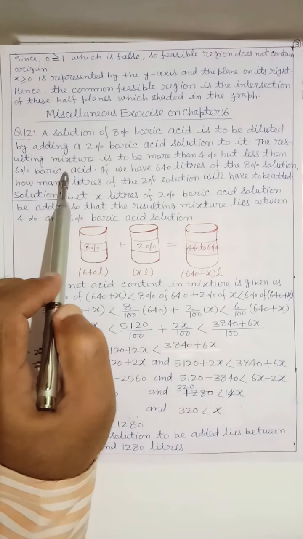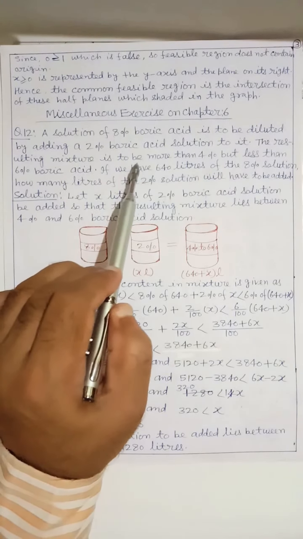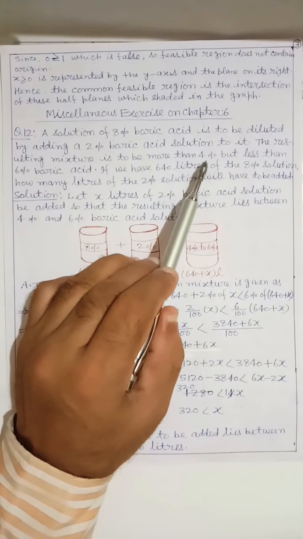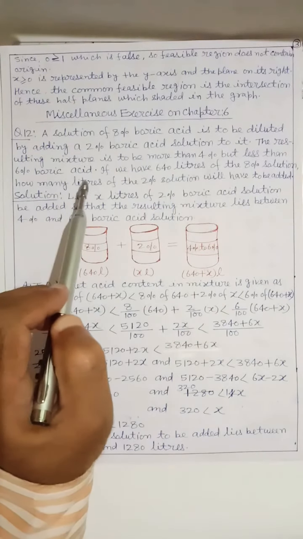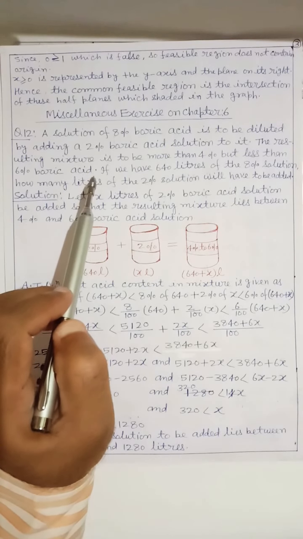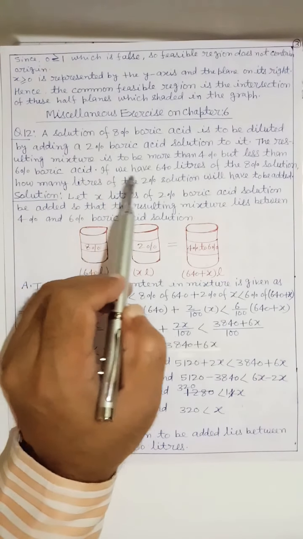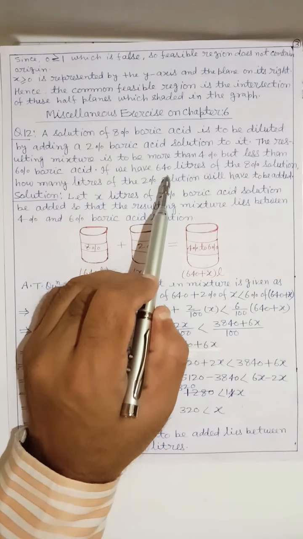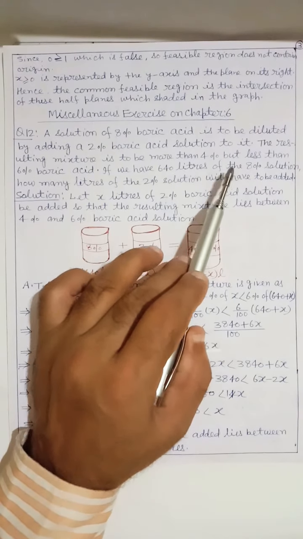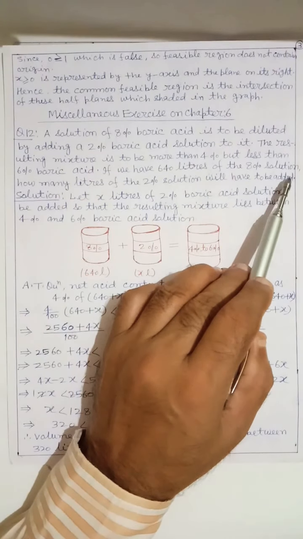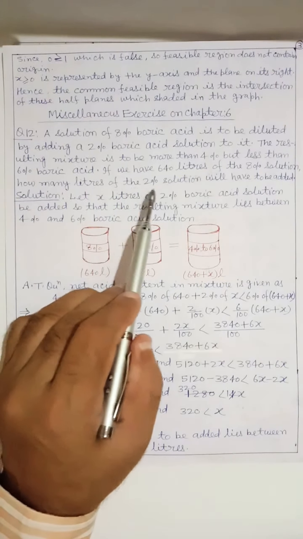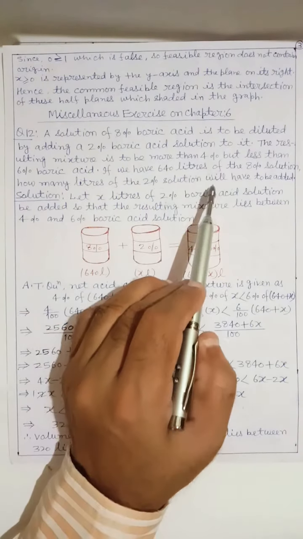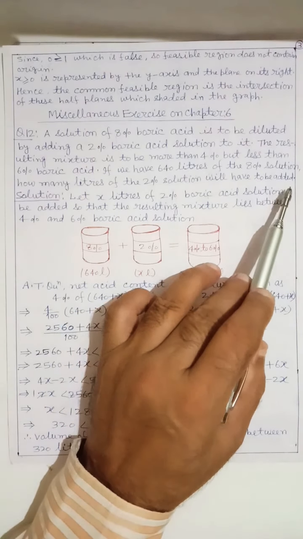The resulting mixture is to be more than 4% but less than 6% boric acid. If we have 640 liters of the 8% solution, how many liters of the 2% solution will have to be added?